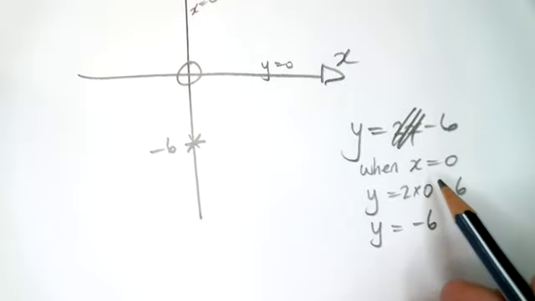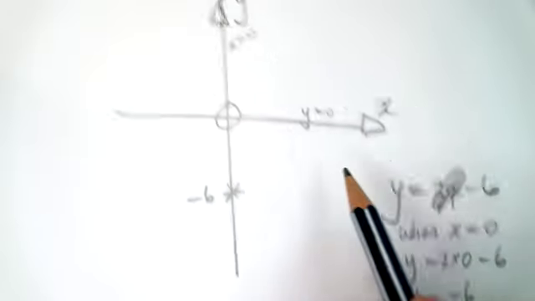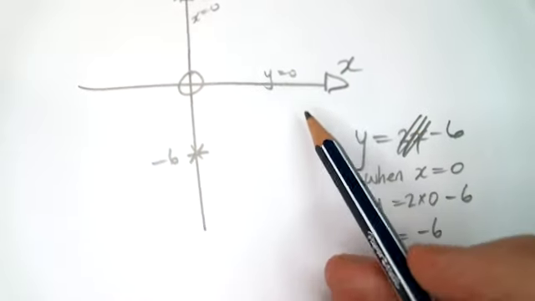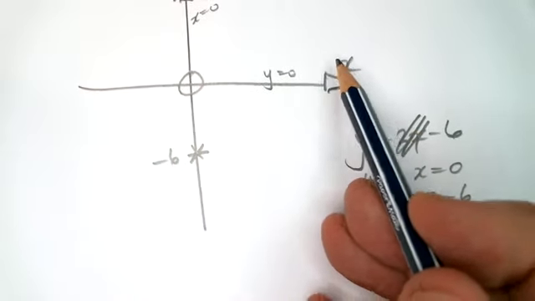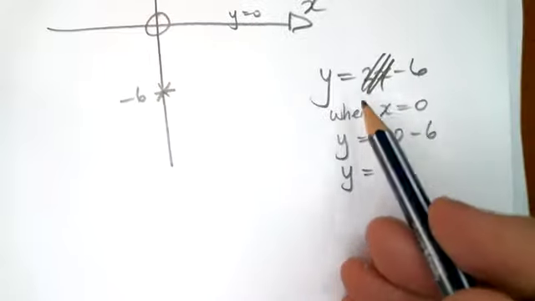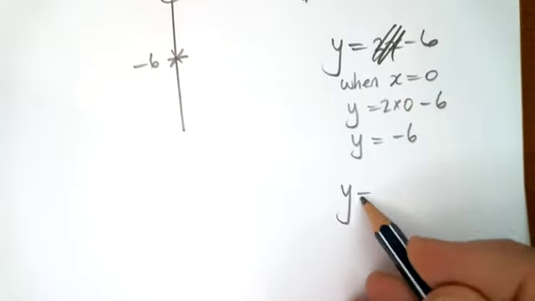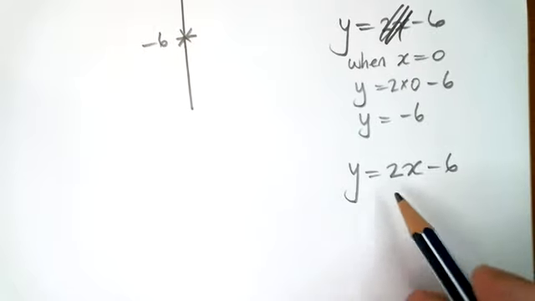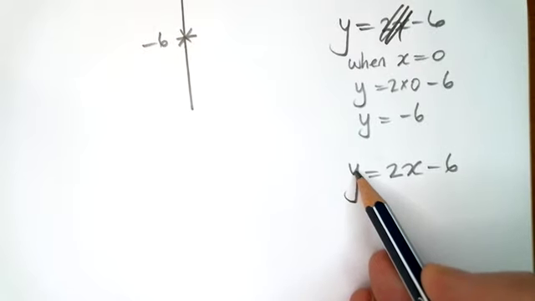So to find where it crosses the y-axis, we make x 0. To find out where it crosses the x-axis, we make y equal to 0. So here's our equation. Y is equal to 2x minus 6. This time we're going to make y equal to 0 to find x.